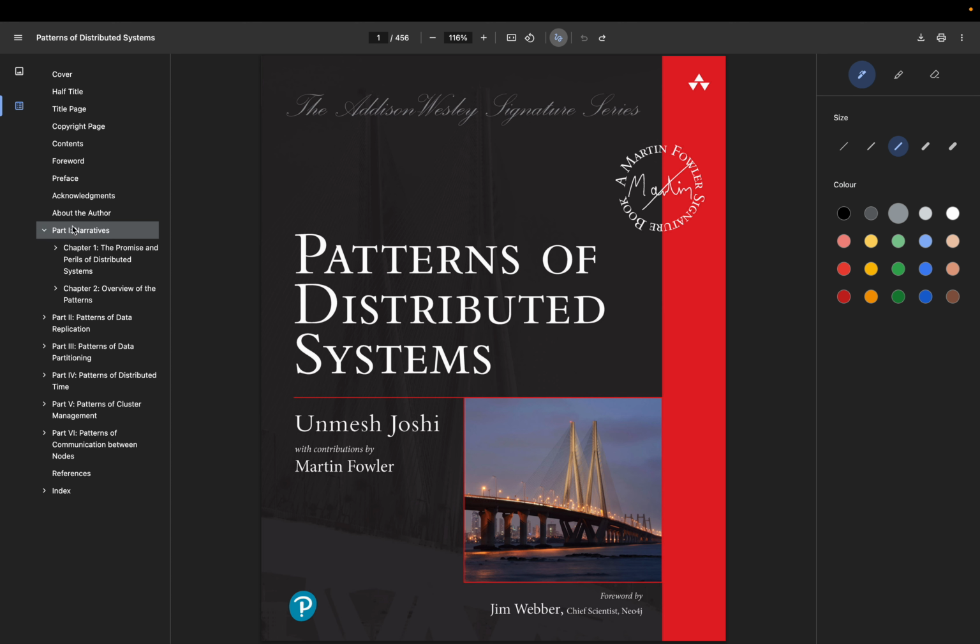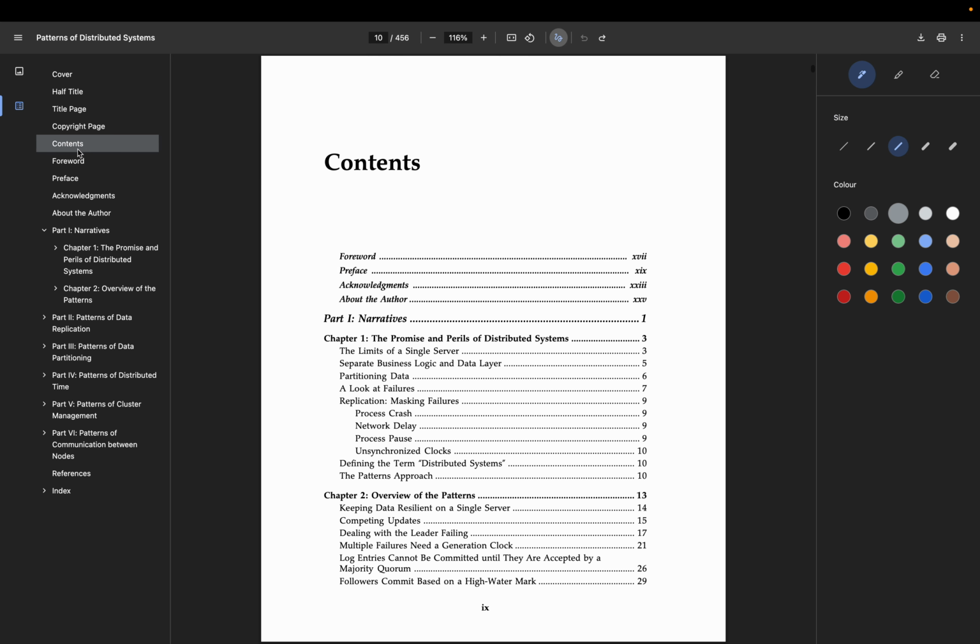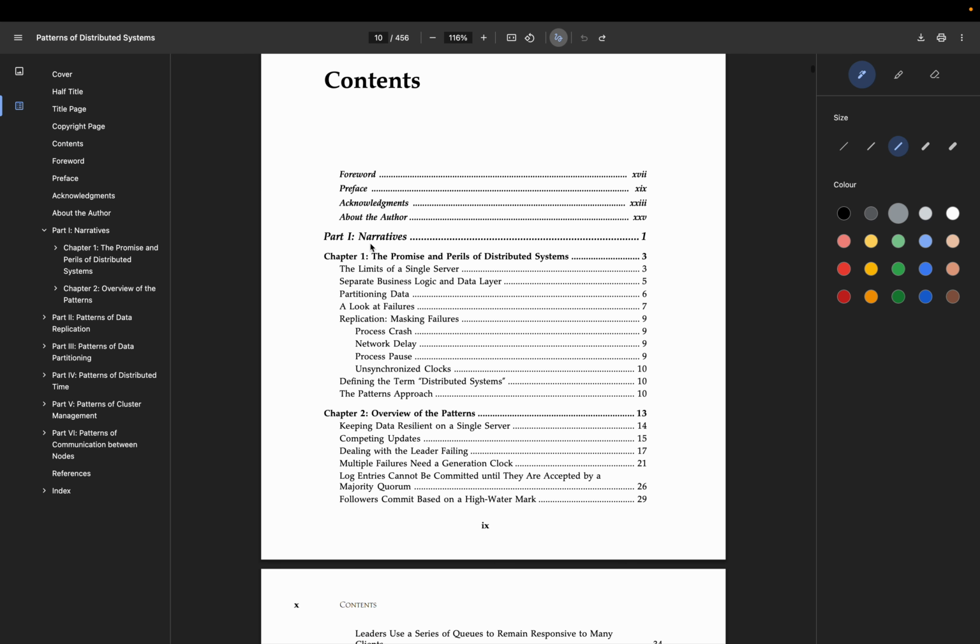Let's go through the content. Part 1 is the narratives, in which the first chapter is the promise and perils of distributed systems, where we learn the limits of a single server. What are the limits? Why do we need to distribute our services into multiple servers, and what benefits do we get?